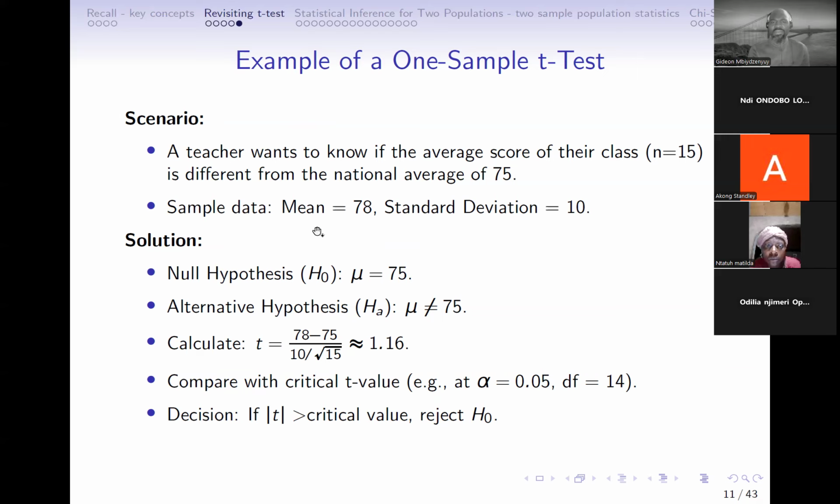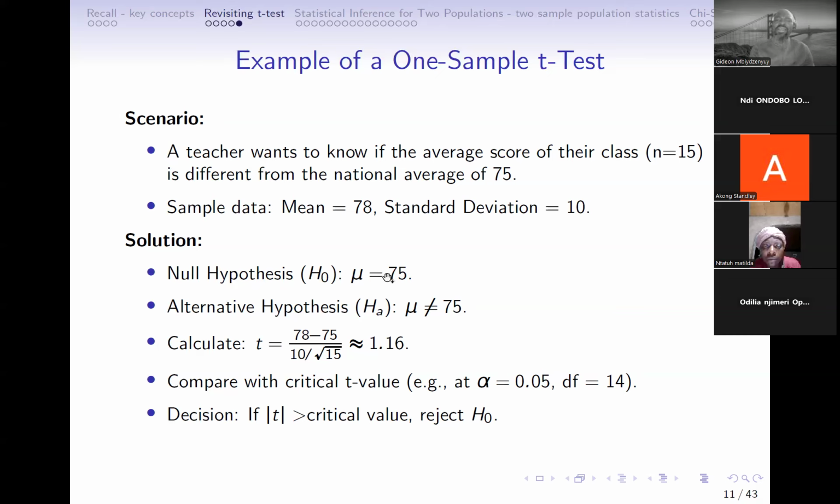If that is true, let's look at a small sample of this national. The sample here is just our class compared to the national. And then we'll realize that our class has a mean of 78% and a standard deviation of 10. So how true is it then that the national average is 75? That's the basic statement we want to verify.